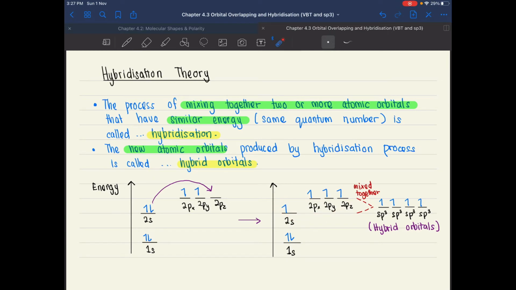Because we said hybridization is a process of mixing 2 or more atomic orbitals. So we are going to mix the 2s orbital with the 3 2p orbitals.